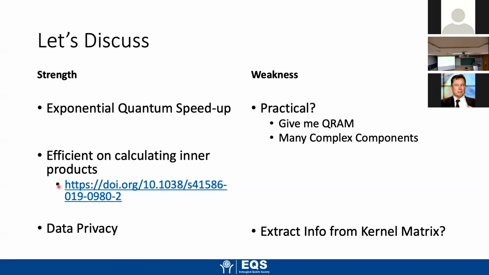So, data privacy, I don't know. I'm trying to learn more about that, but I don't think the data is perfectly safe. Okay, so that's the end of my presentation.